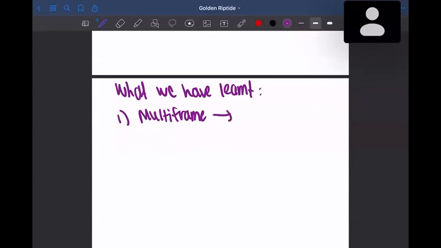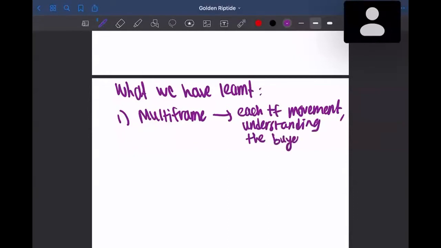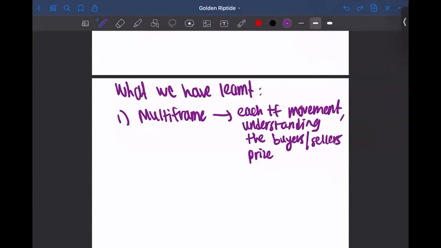This is for you to understand each time frame movement and understanding the buyers and sellers price zone.